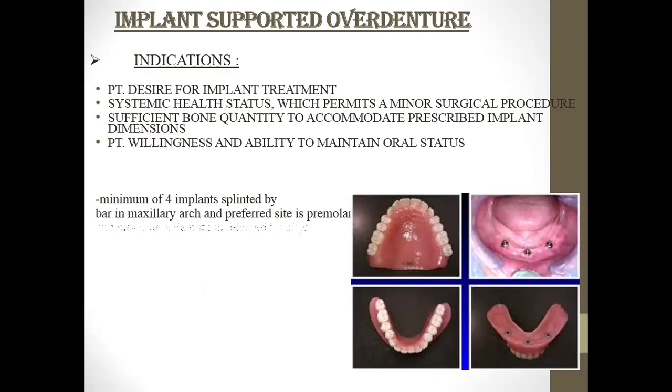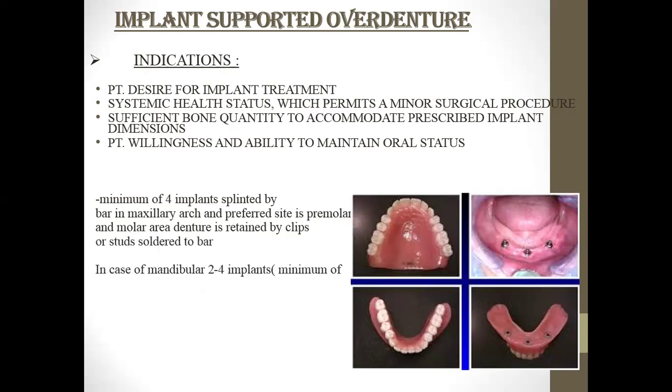A most preferred option is in the maxilla, because the maxillary bone is categorized as D4 bone according to the Misch classification. Because of the spongy nature of maxillary bone, at least four implants are preferred in the maxilla, on top of which you can fabricate an overdenture. It is also preferred that you splint those implants in the maxilla and then fabricate a denture on top.